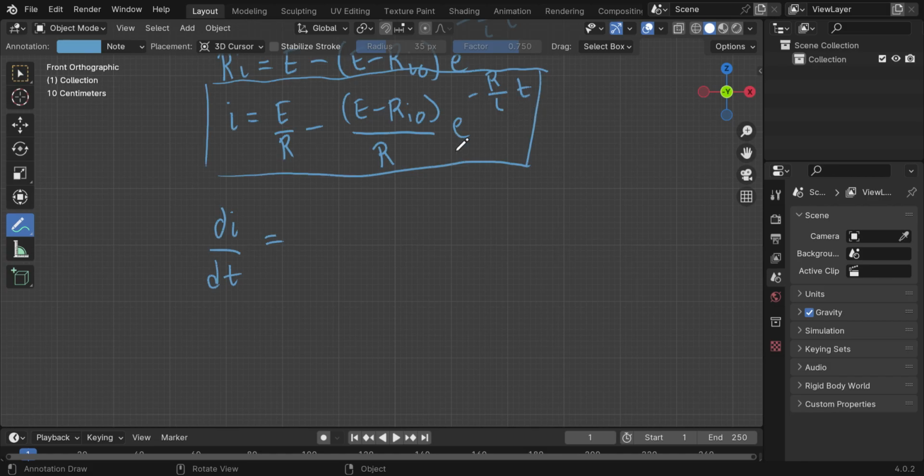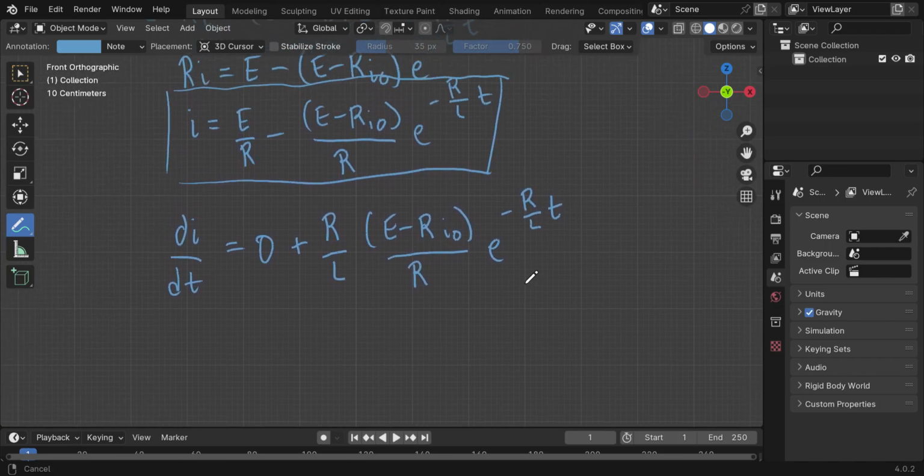The rule of finding the derivative of an exponential, you bring that down, this turns to a 0, and the negative turns into a positive, so you're left with R over L times E minus R I0 over R times e to the negative R over L times t.